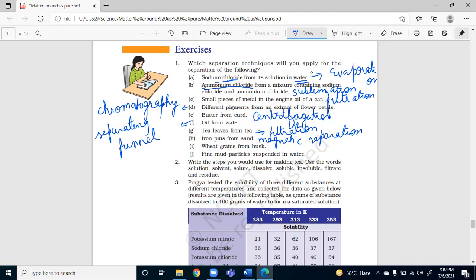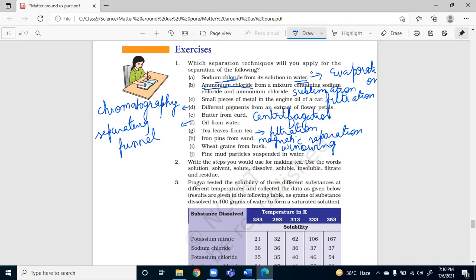Okay, I, wheat grains from husk. Ma'am, winnowing. You are correct. Winnowing. Ma'am, can we use the word separation?